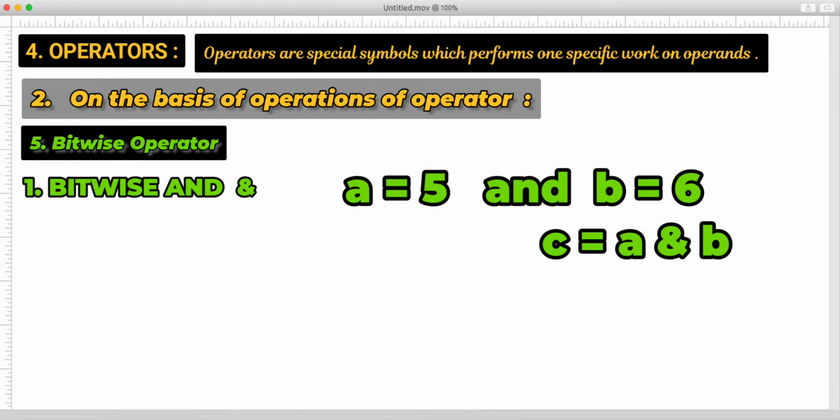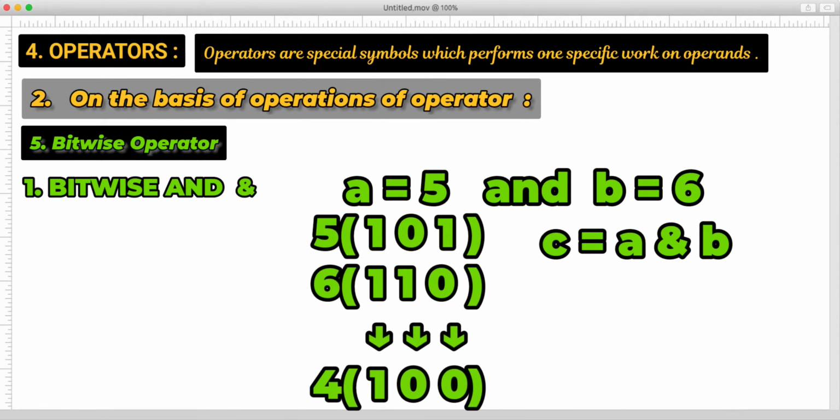Now what will be the value of variable c? Let us see. First of all, we will convert a and b to their binary equivalents. The binary equivalent of 5 is 101 and the binary equivalent of 6 is 110.